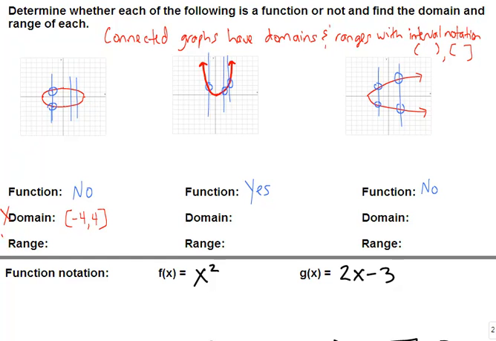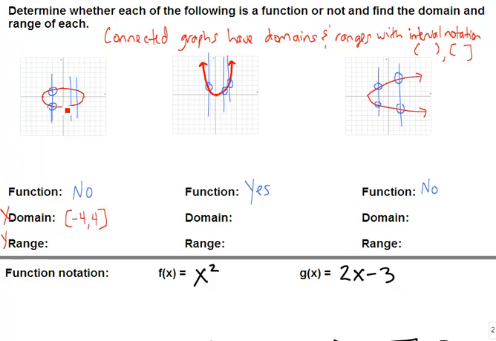For the range, we want the y values. So for y's, you want to think along that y-axis, up and down. To get this in the right order, think of your lowest y value up to your highest y value. So think of your lowest point up to your tallest point. What y values do those go through?